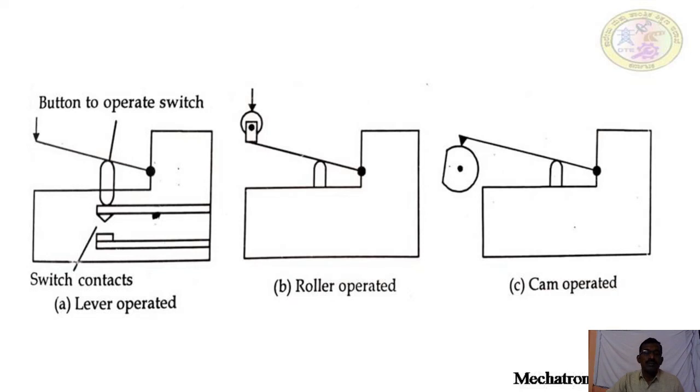The diagrams represent micro switches: in the first diagram, the micro switch is operated by means of a lever, in the second diagram, by a roller, and in the third diagram, by a cam, in order to close or open the contact, or switch on and switch off.